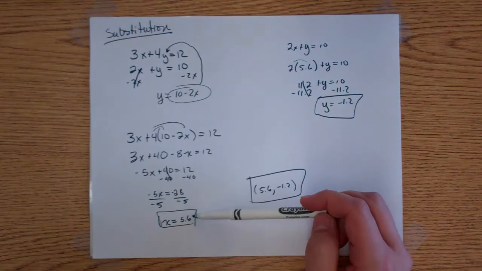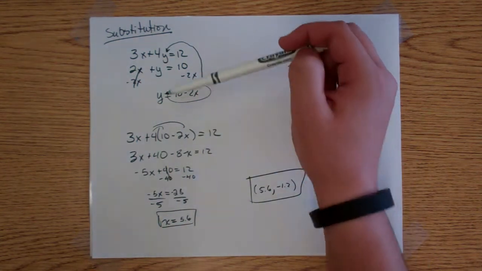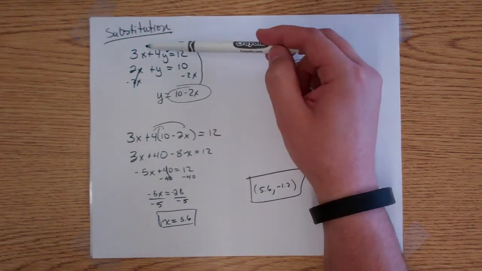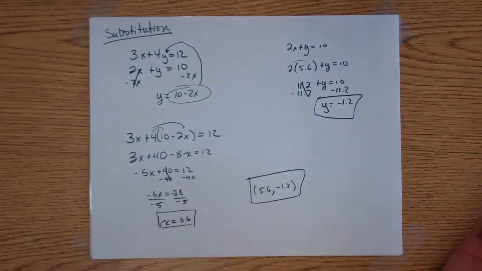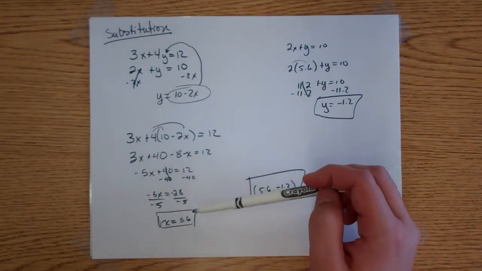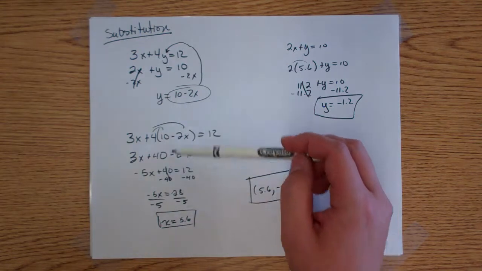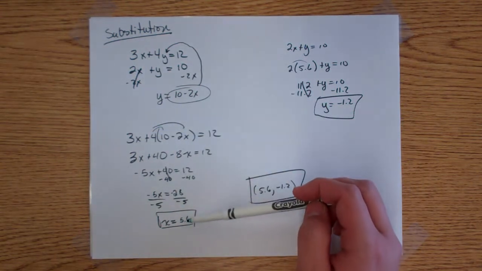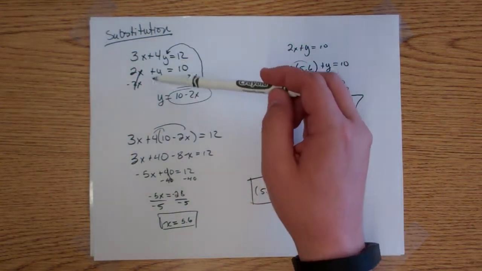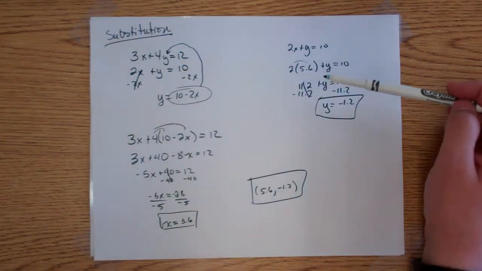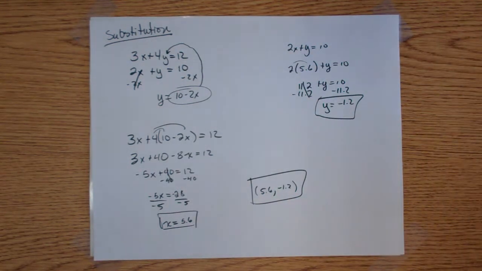And then we solved for x. If you solve for x first and then plug in to solve for y, that's fine, it doesn't matter. Once you have one variable, you pick your easiest equation out of your two originals, plug that variable in, and solve for the next one. That's all there is to substitution.